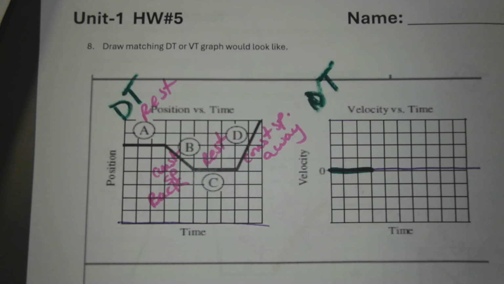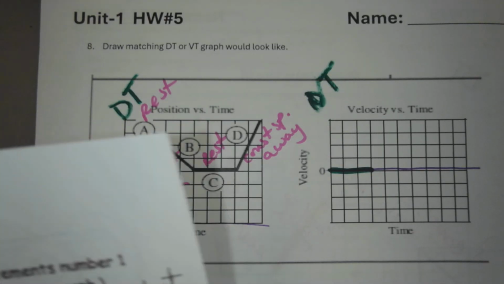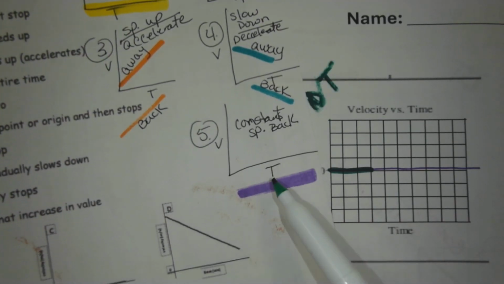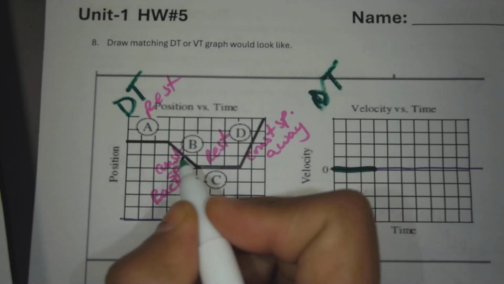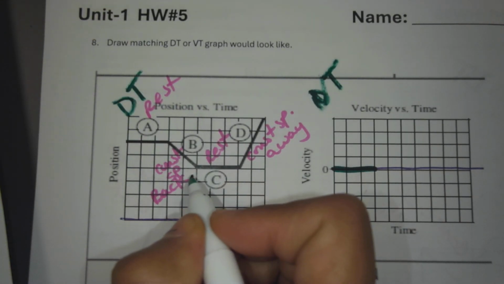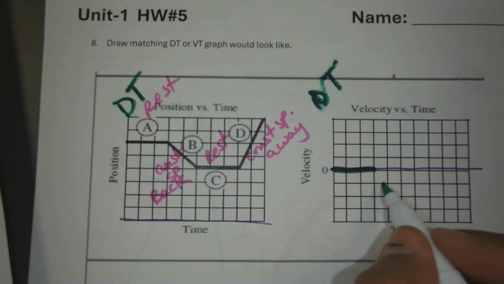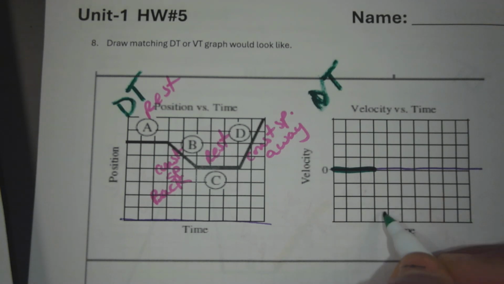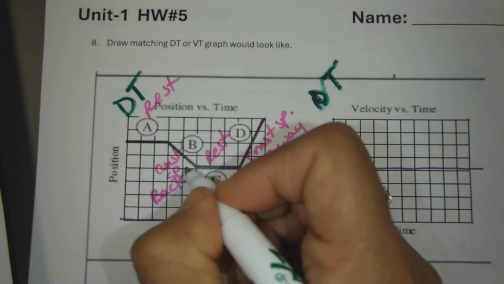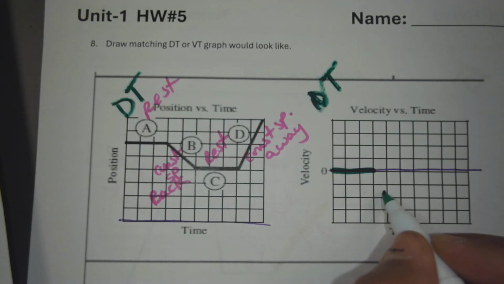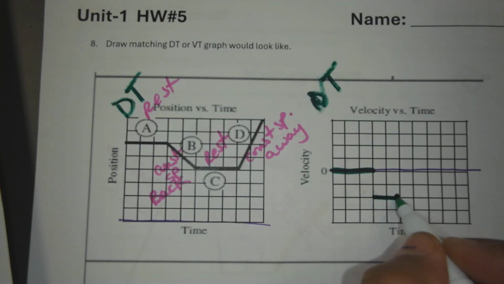Then on line B, it is moving at a constant speed, but on a VT graph, a constant speed back towards the origin looks like this. It's below the x-axis. I can see that it moved for 2 seconds. I'm not looking to see that you moved this much. I just want to know that you did it below the x-axis. I'm just going to say 1, 2.